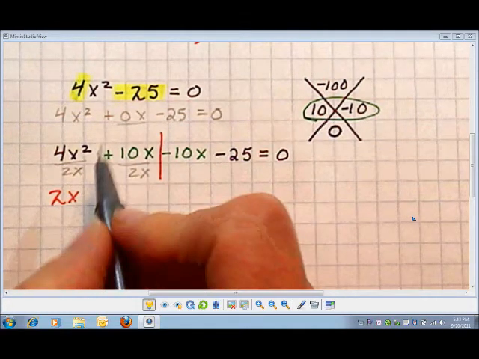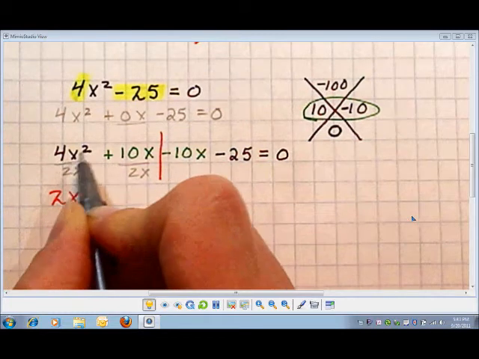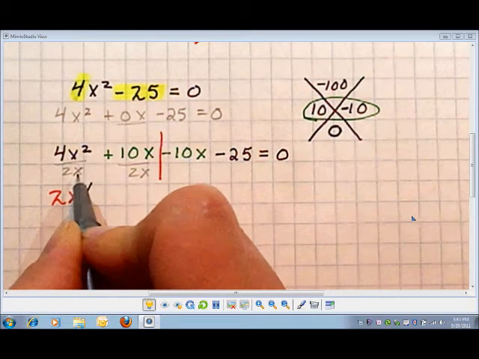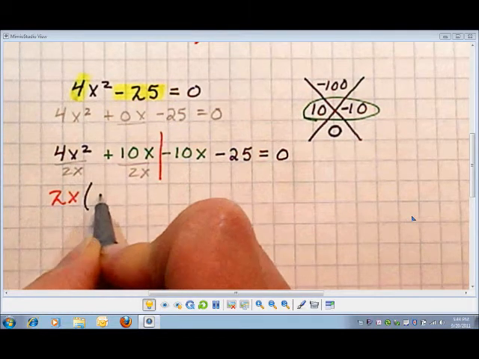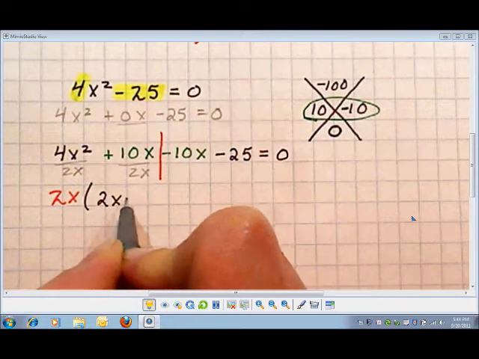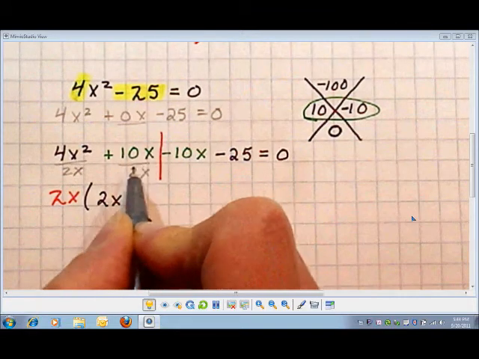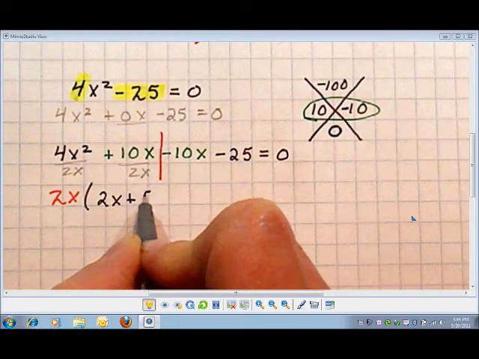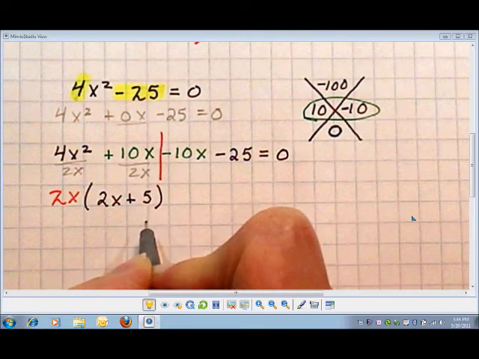So then that means 4x squared divided by 2x gives me 2x. 10x divided by 2x gives me 5.